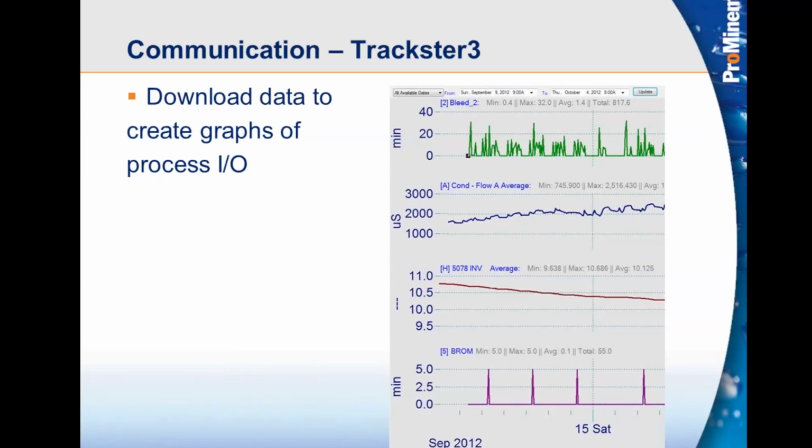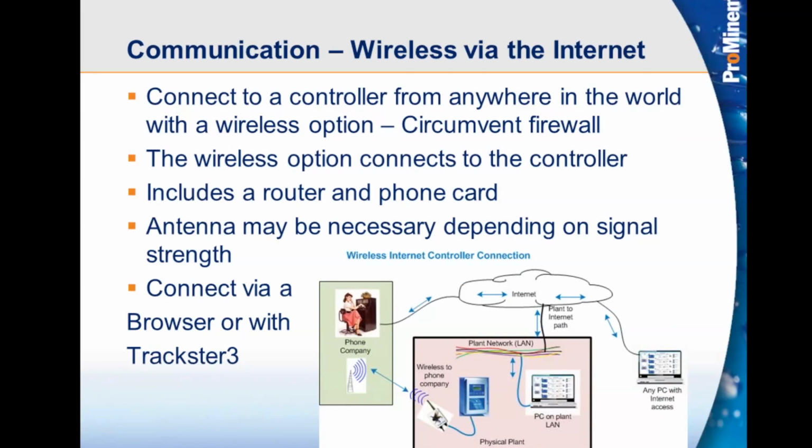Once you've downloaded data, you can create graphs of different information, bleed valves, conductivities, what have you. And so that's very basic information on Trackster, which we will probably offer a webinar in the future on just Trackster.